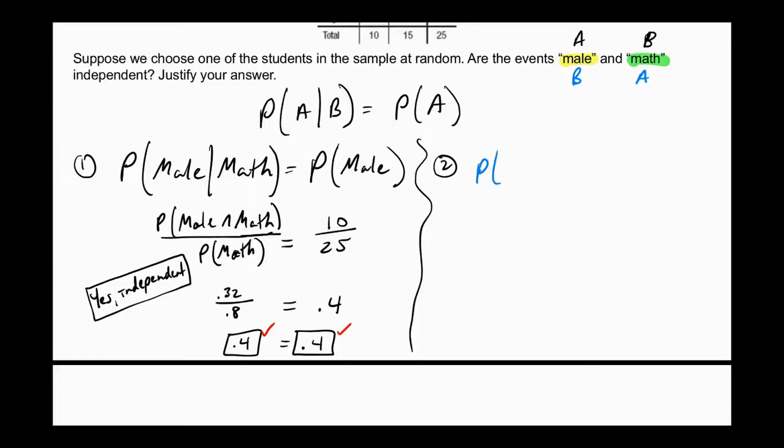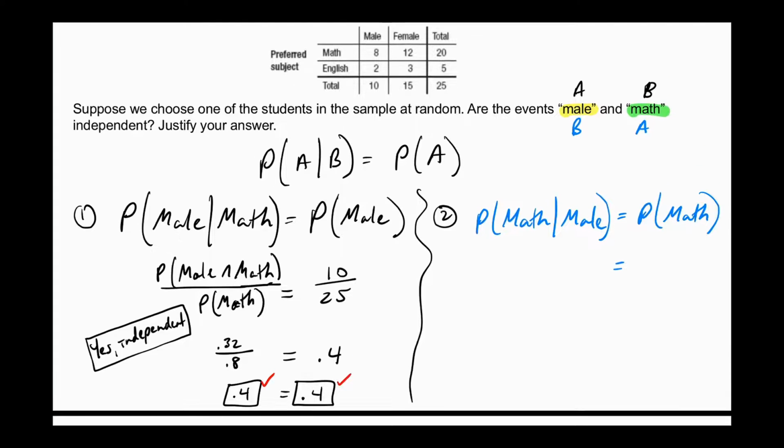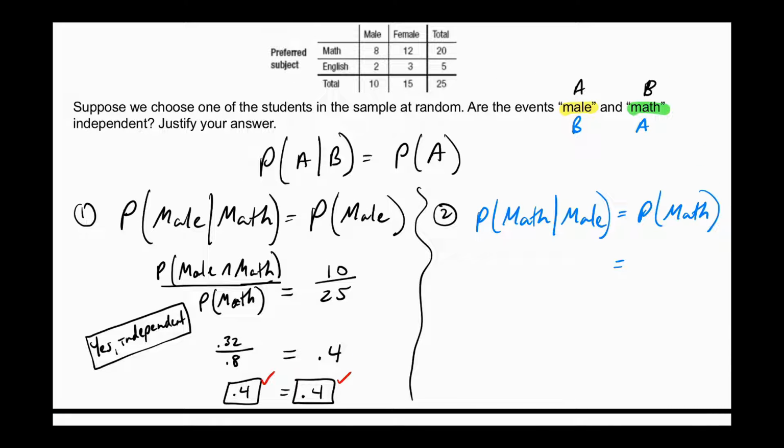Probability of math given male equals the probability of math. So the probability of math is 20 out of 25, which we said was 0.80. Okay.